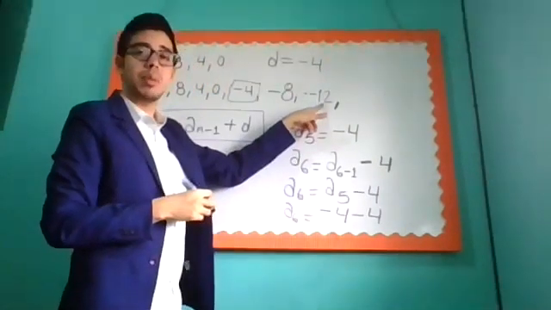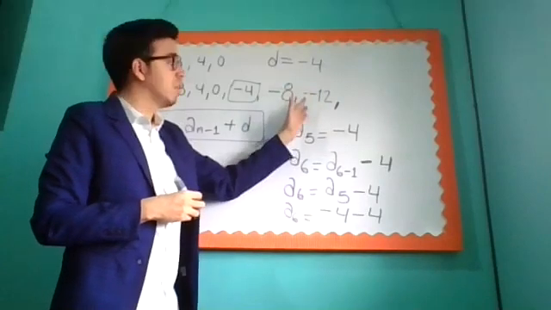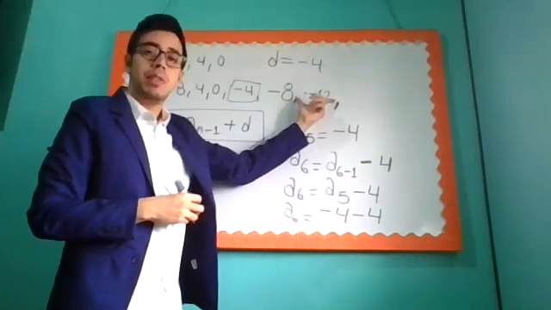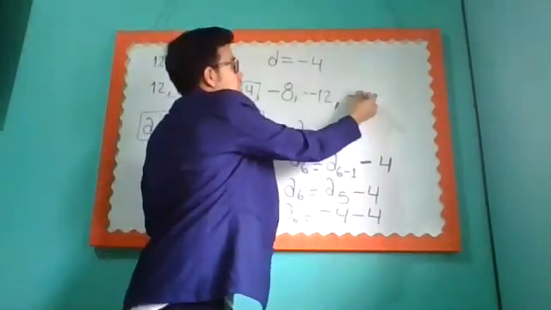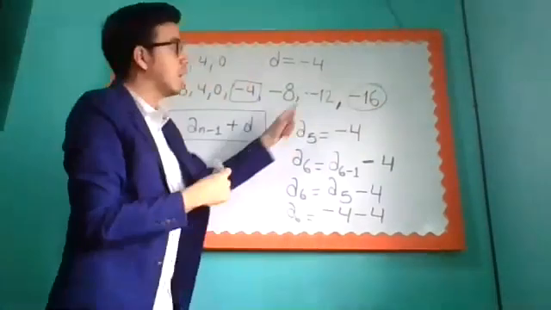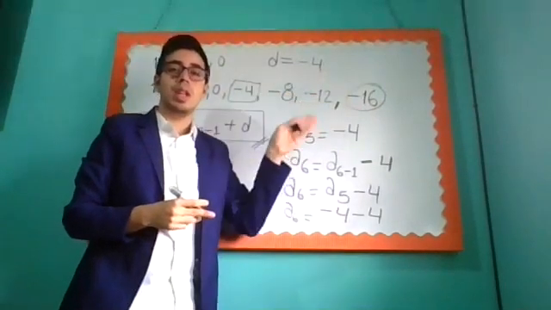In this case, it's negative 12. And I add the common difference, which is negative 4. So if I add negative 12 plus negative 4, I'm going to obtain negative 16. So to obtain the next number, you only take the previous number and add the common difference.